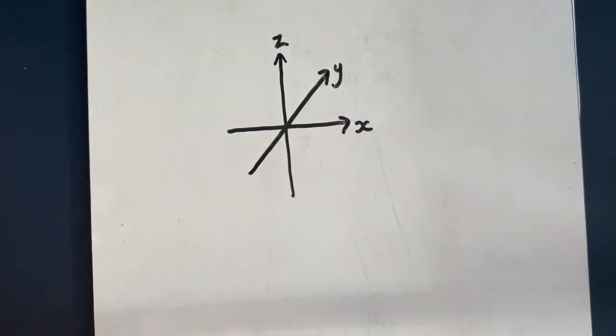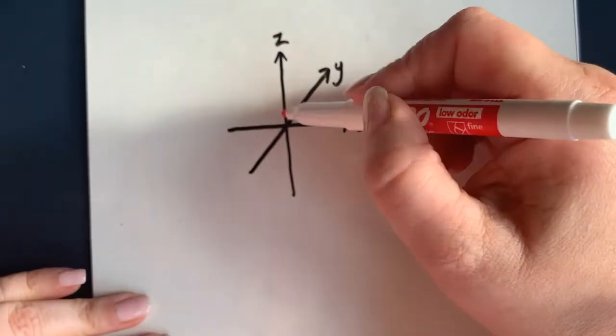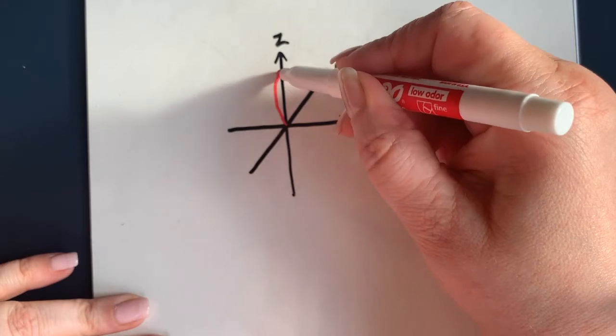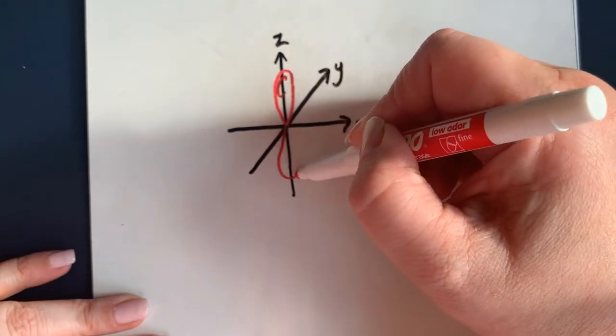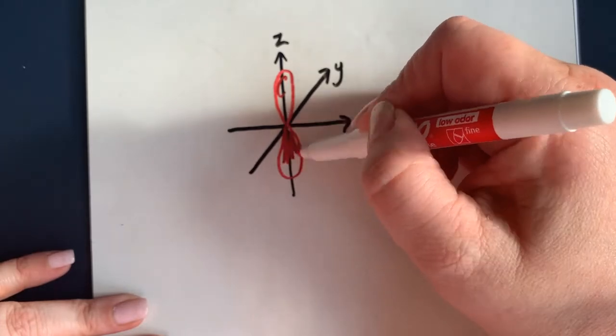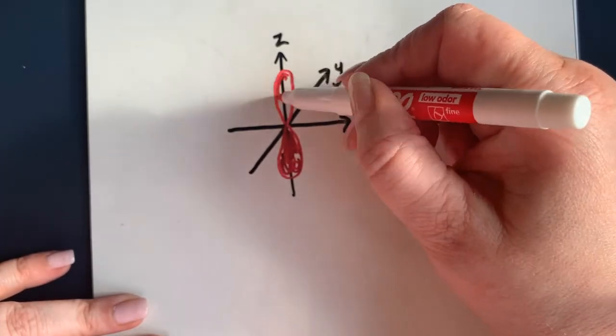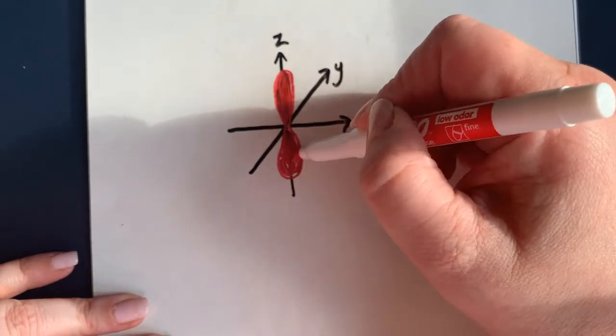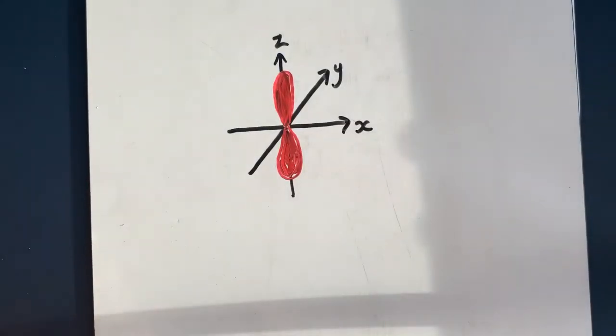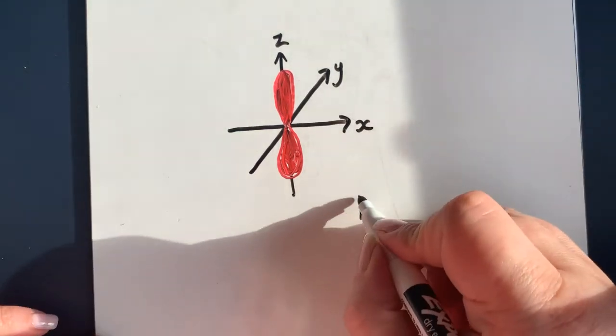And then to put on my pz orbital, I would have to ensure that I drew a dumbbell shape, but also that it was cut through by the z axis. So that is orbital pz.